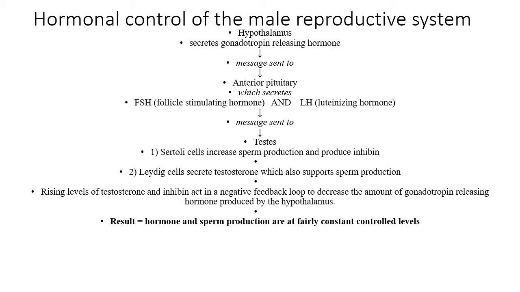So this whole process is a big feedback loop, beginning with the hypothalamus. The hypothalamus then says, okay, we need hormone, so it's going to release its gonadotropin releasing hormone. That's going to go down to the pituitary gland. The pituitary gland is then going to release its FSH and LH, and that's going to move down to the testes.